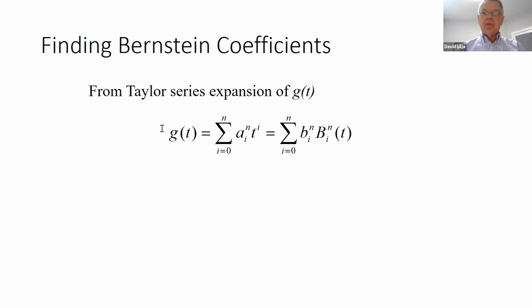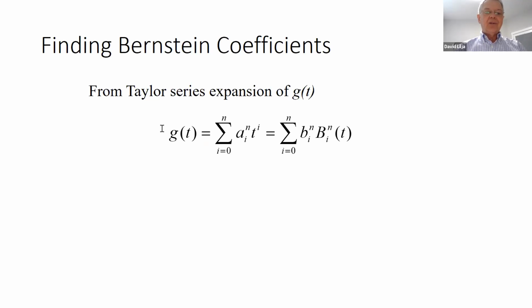How do I come up with these Bernstein coefficients? Well, I'm going to start with this Taylor series expansion of the function g of t that I want to compute. So if you remember Taylor series expansion, I'm just choosing various powers of t with these coefficients, a of n, to define that function. And in this case, I'm going to equate it to this Bernstein function, this Bernstein polynomial.